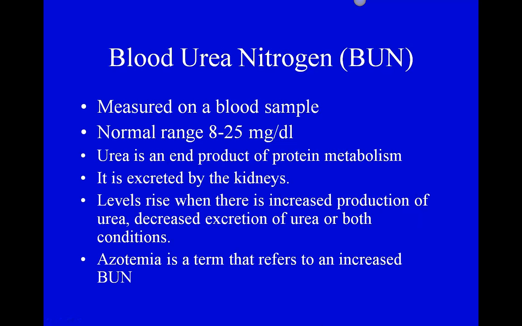So if they give you two numbers, by putting them in A, B, C order, it helps me remember B comes before C, and so that helps me remember that BUN is the higher of those two numbers. So azotemia is an increased BUN. BUN levels are higher than creatinine levels, always.